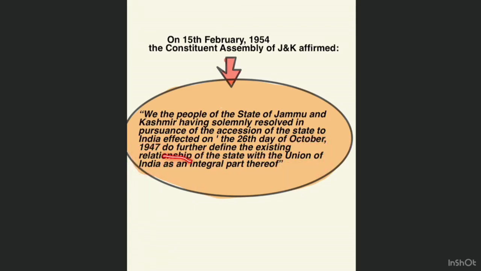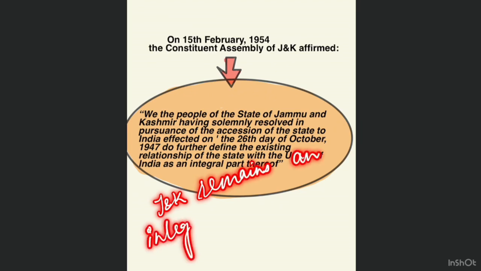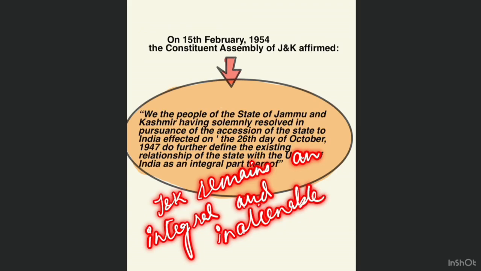I have to read it again, as an integral part thereof. So since then, Jammu and Kashmir remains an integral as well as an inalienable part of the Indian Union.